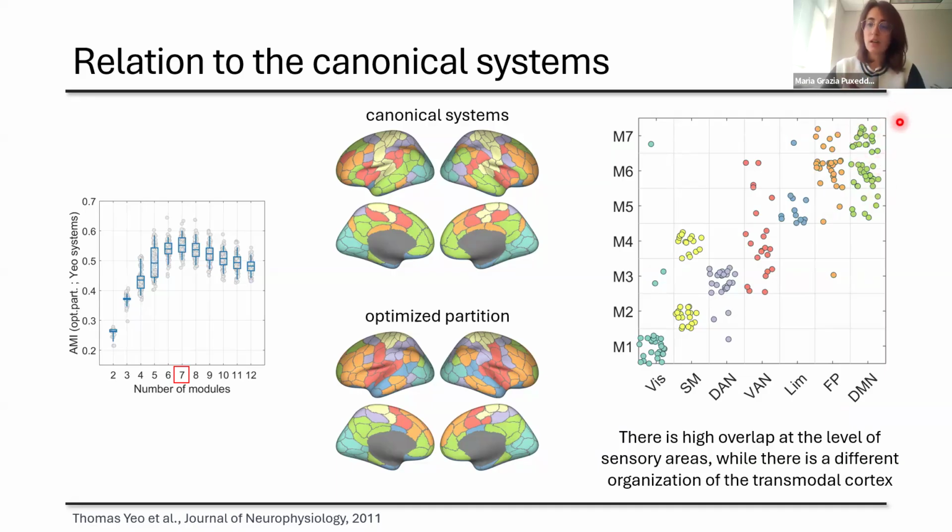So partitioning functional connectivity by taking into account higher order interactions leads to a new organization of the transmodal cortex. And in the future it would be very interesting to see how this new organization is related to cognitive performance or how it changes in brain disorders.